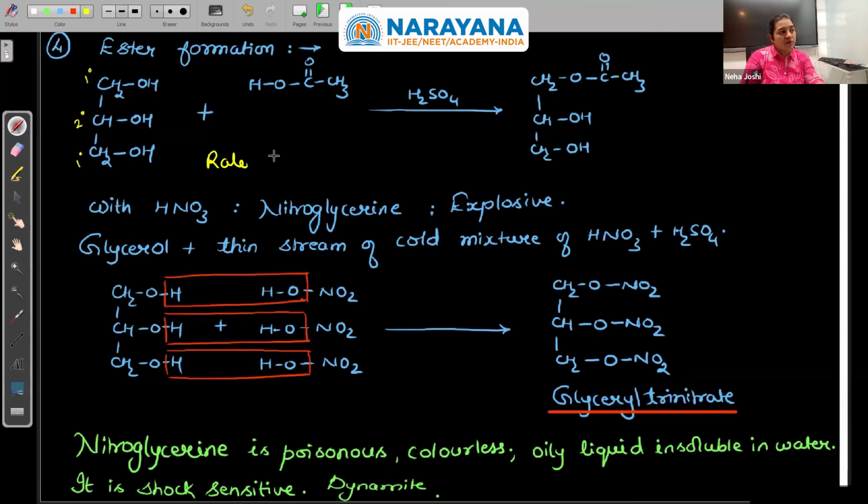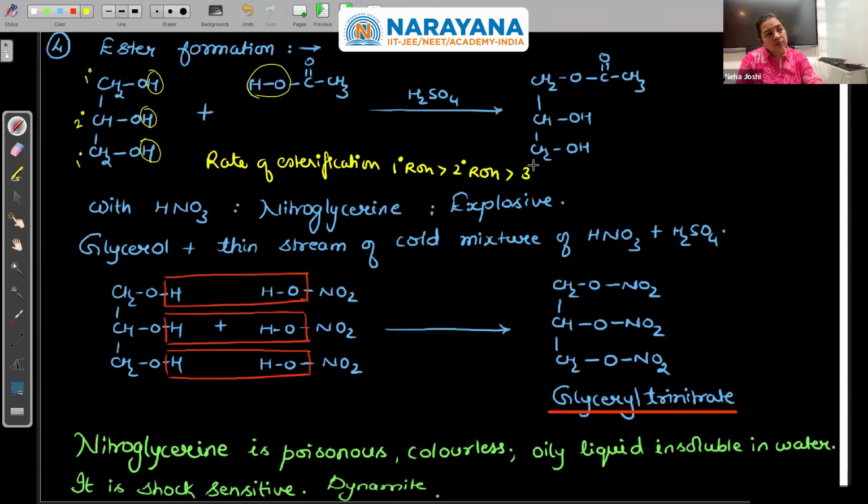The rate of esterification is higher for the more acidic OH, because when you form ester, you remove this H and this OH. So 1 degree alcohol, then comes the 2 degree alcohol, and then comes the 3 degree alcohol. That is the order in which ester is formed.